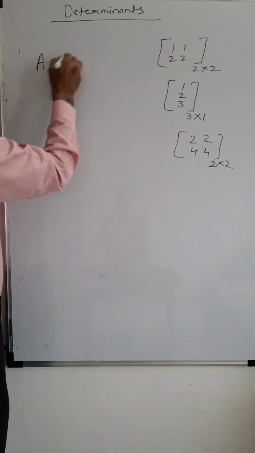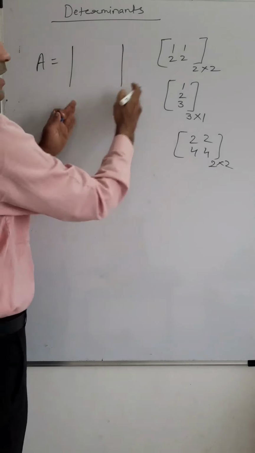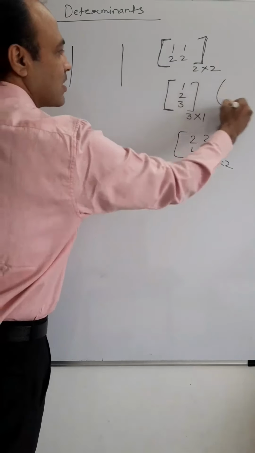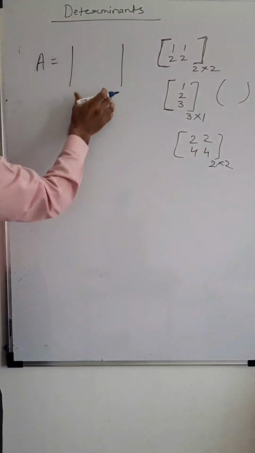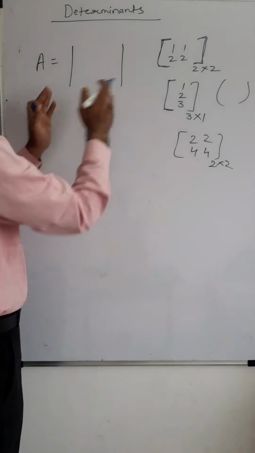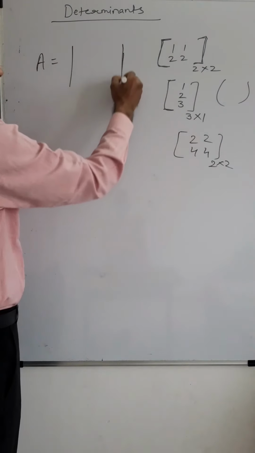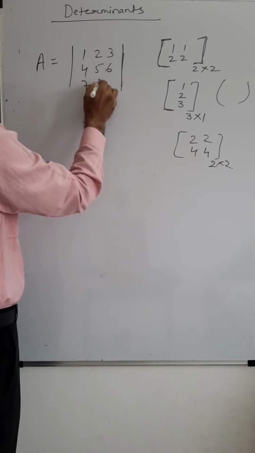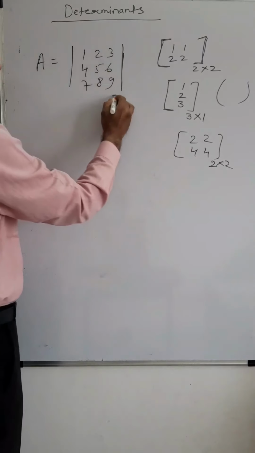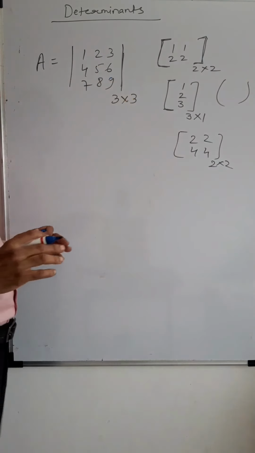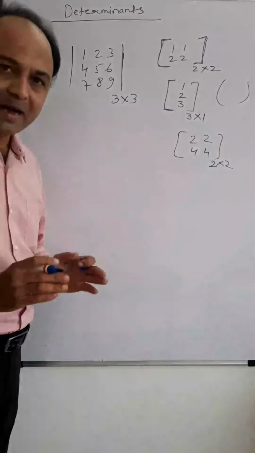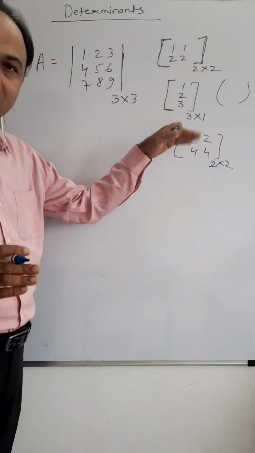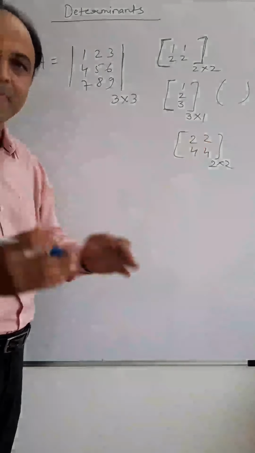So let's say A is written, and a matrix is represented inside a rectangular array like this way, or sometimes like this. But for a determinant we keep the numbers inside these lines. So 1 2 3 4 5 6 7 8 9, this is a 3 cross 3 determinant. A determinant is a square matrix and it has a value, but a matrix has no value, it is only an arrangement of numbers.